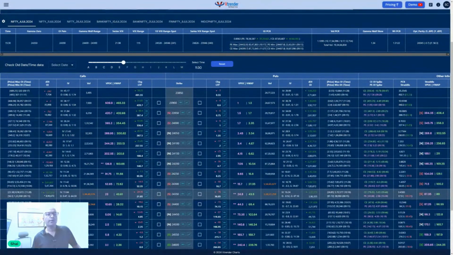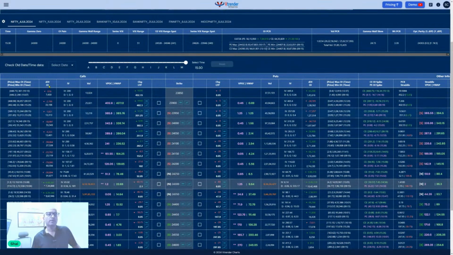These are represented by the letters A, B, C, and E. These are nothing but TPO ones for us, and you can slide this anytime left or right to find out where the market was trading at a particular time, what the price was, what the open interest was, etc. You can choose it, and then again form a conviction based on the information which is there. Want to reset, just press reset and it will come back to the current time.